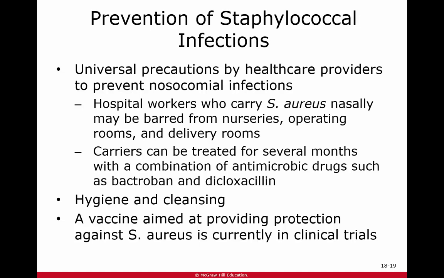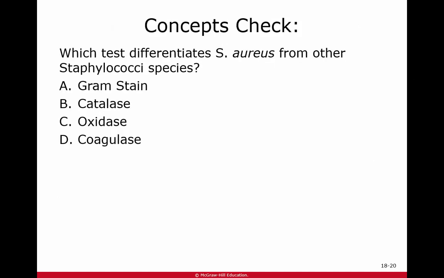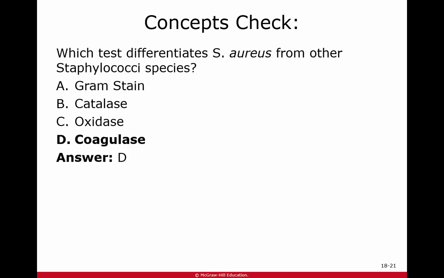Of course, hygiene and cleansing is paramount in preventing staph infections. There is no vaccine at the current time. Which test differentiates Staph aureus from the other staphylococcal species? And that would be coagulase.